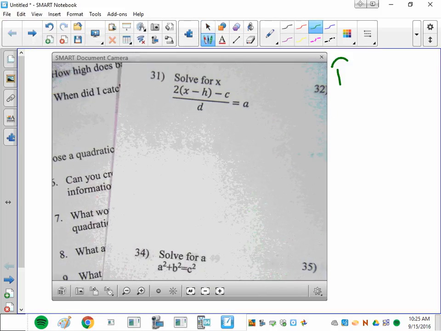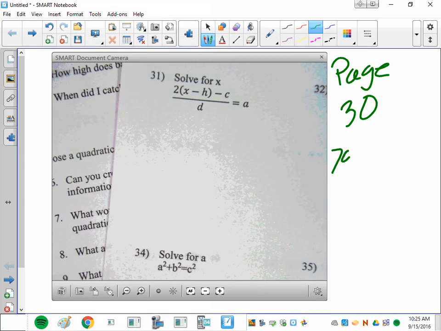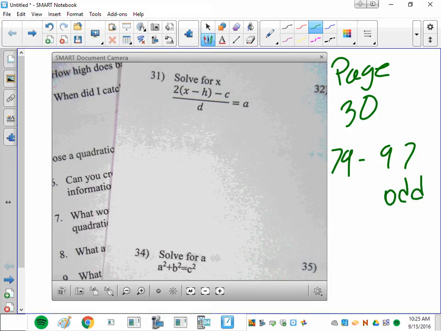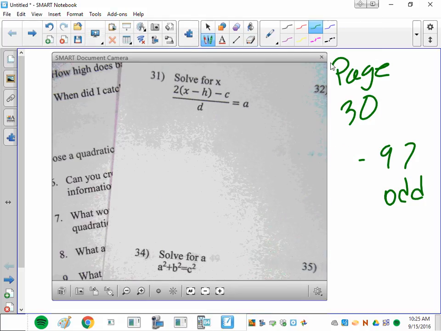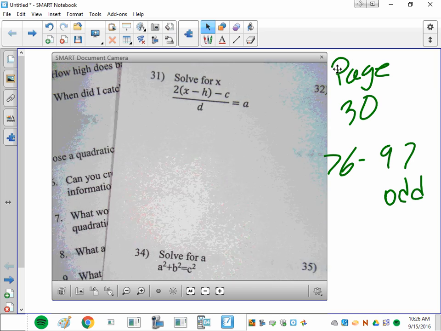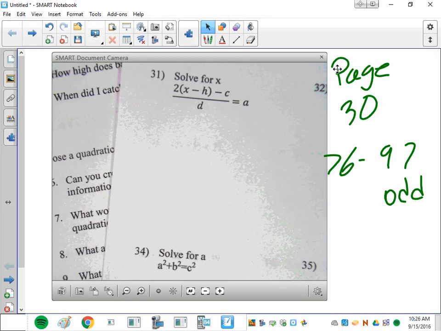Today we're moving on to page 30, 76 to 97 odd. I said 76 and I wrote 79. I told you I was magic. Yeah, 77.